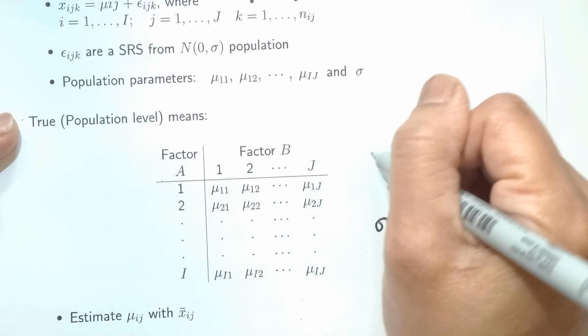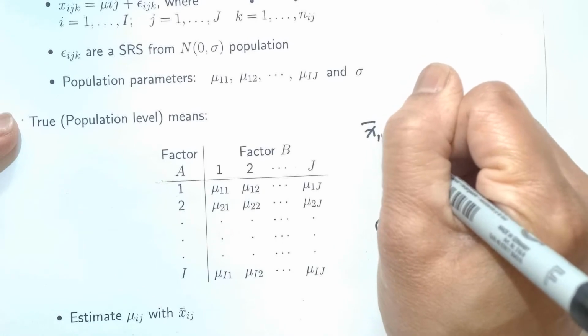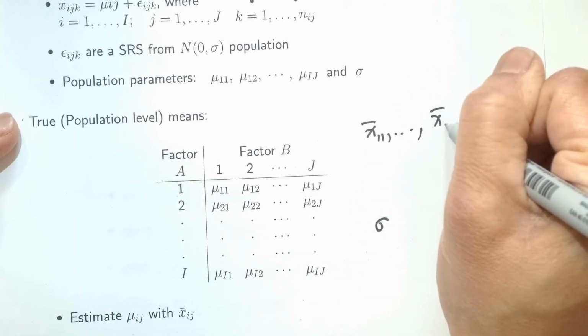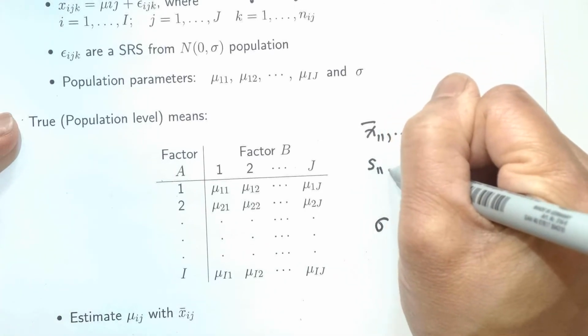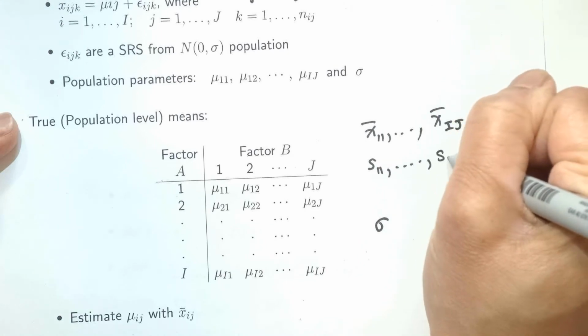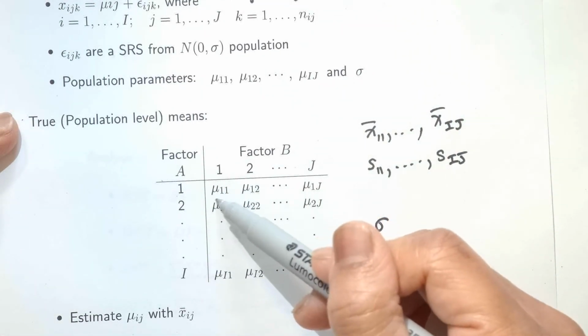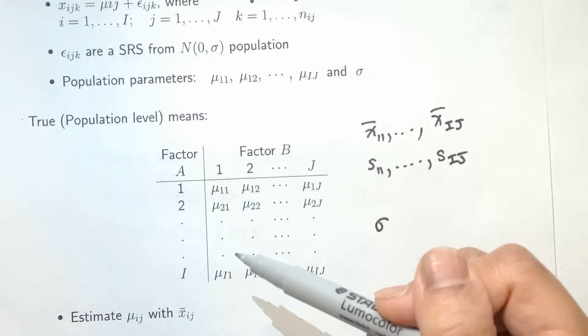So when we collect our data, we would have x bar 11 all the way up to x bar IJ, and we'd also have s11 all the way up to sIJ. So for each one of these populations or random samples, we can calculate the sample mean and the sample standard deviation.